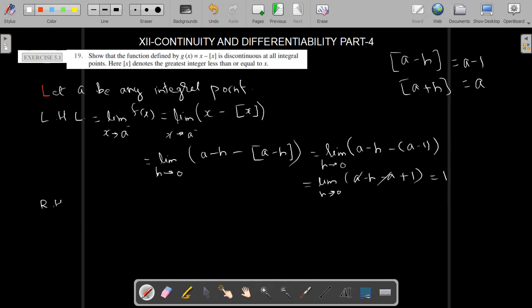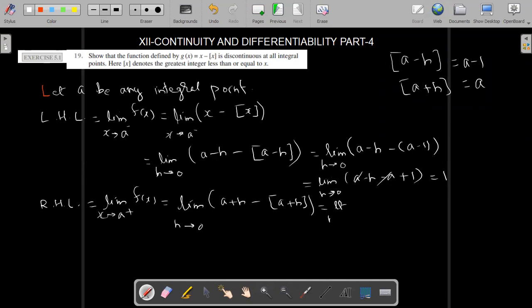Right hand limit, similarly right hand limit x tending to a plus f(x). So I will write directly limit h tending to 0, and it is replaced by a plus h minus greatest integer of a plus h.